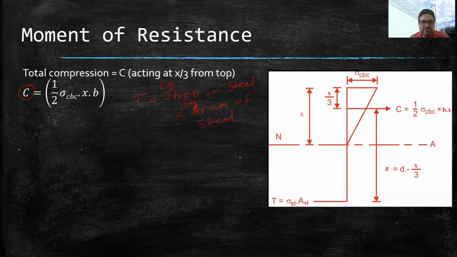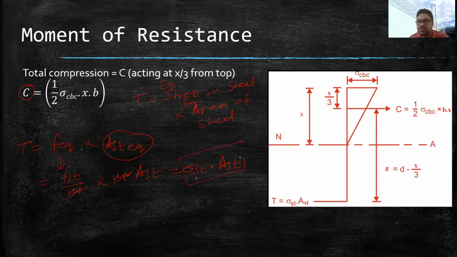So T is equal to F EQ multiplied by the equivalent area. I have explained that F EQ is FST by M, and AST equivalent is equal to M into AST. So this M and M will be cancelled out, and the value of T will become sigma ST multiplied by AST.